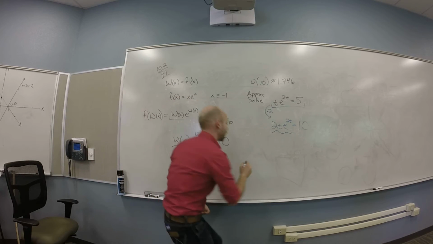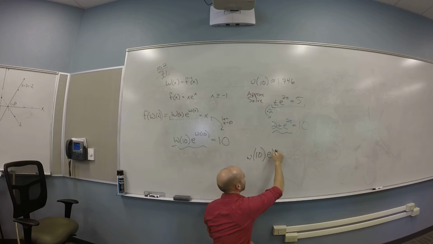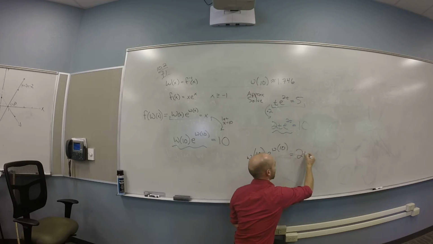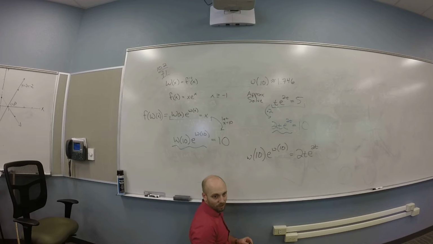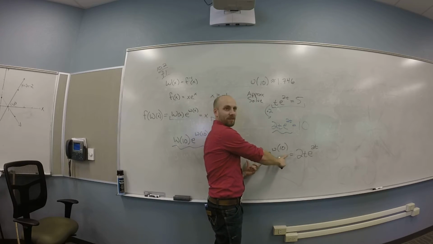So I can write this equation, which is w of 10 e to the w of 10 equals 2t e to the 2t. And then we can do stuff to it. What kind of object is all of this?